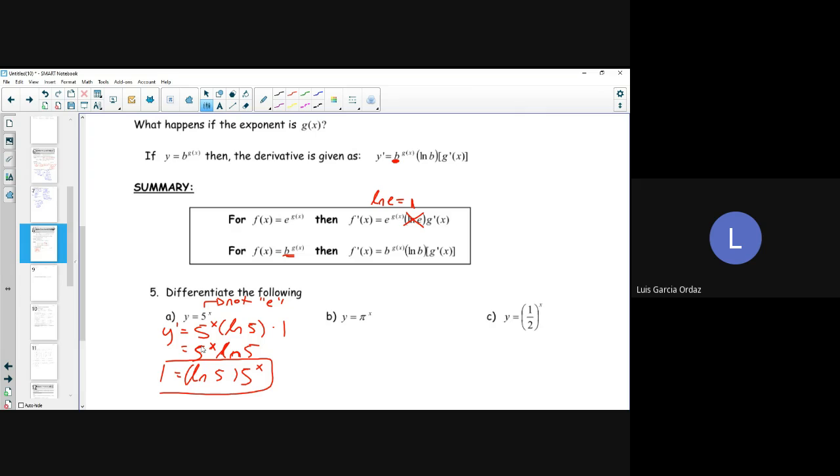All right, and now my next one is y is equal to pi to the power of x. Following those rules, what do you think the derivative is? Yep, because my base is not e, I have to write ln of the base.